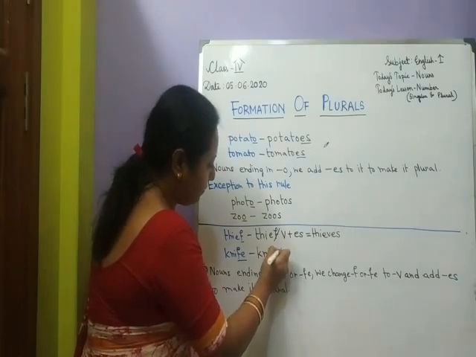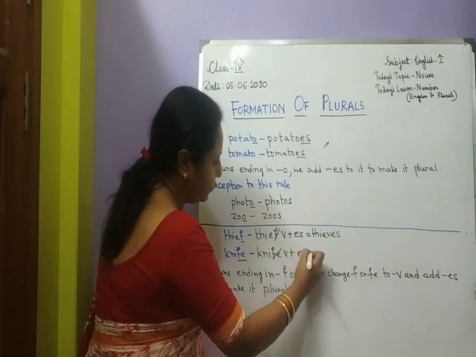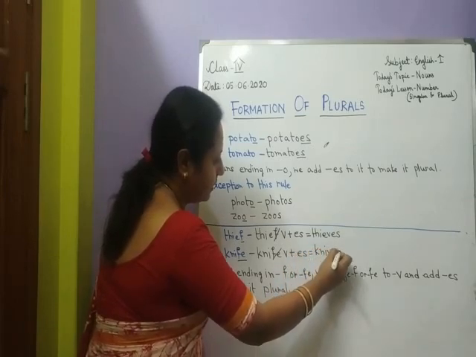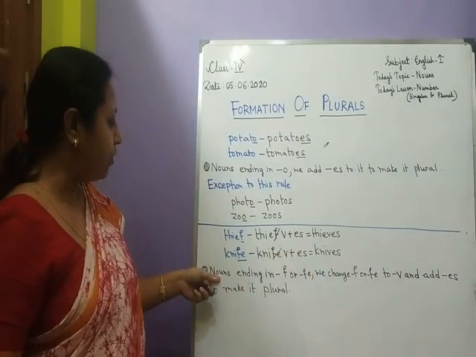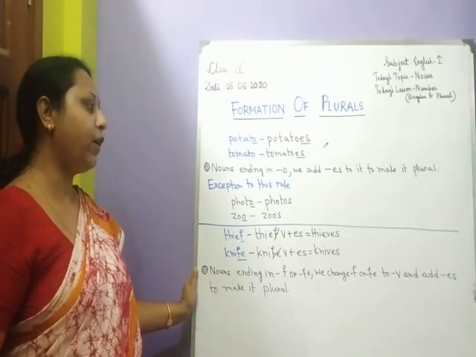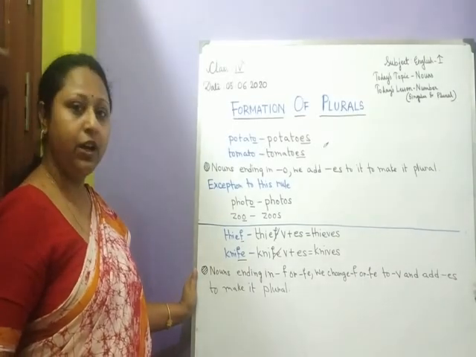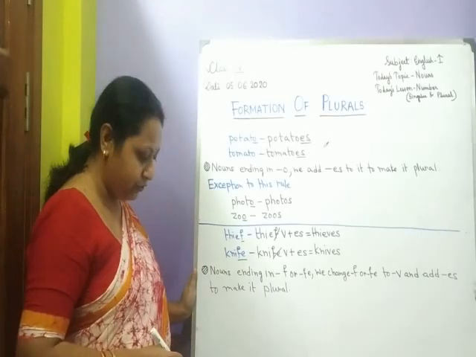We will drop F-E and write V and then add es to it. So, knife will be knives. So, nouns ending in F or Fe, we change F or Fe to V and add es to it to make it plural. But there is also an exception to this rule.